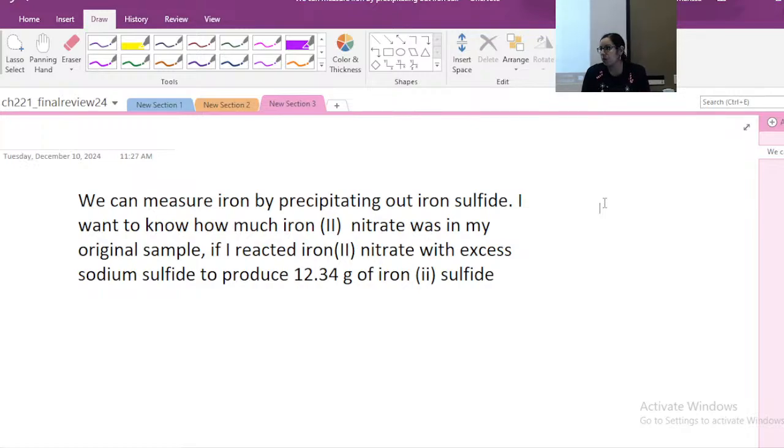So how's this problem coming along? Before you start doing calculations, what might you want to just write out first?